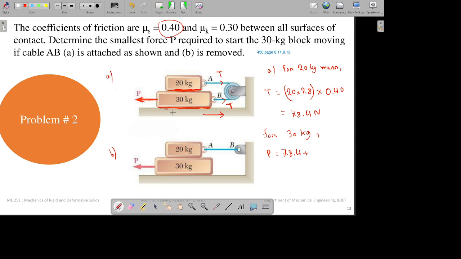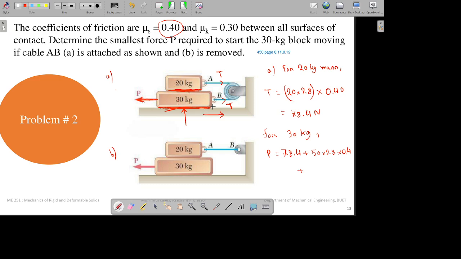The whole mass is the normal force over here, 30 plus 20, that means 50 kg, right? So the normal force over this surface will be 50 kg. So for this first surface the friction force will be 50 into 9.8 into the coefficient mu s equal to 0.40.